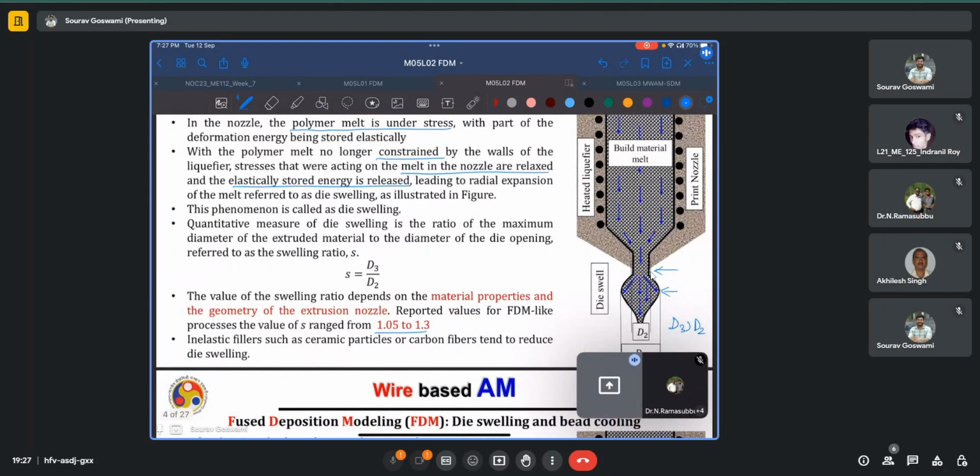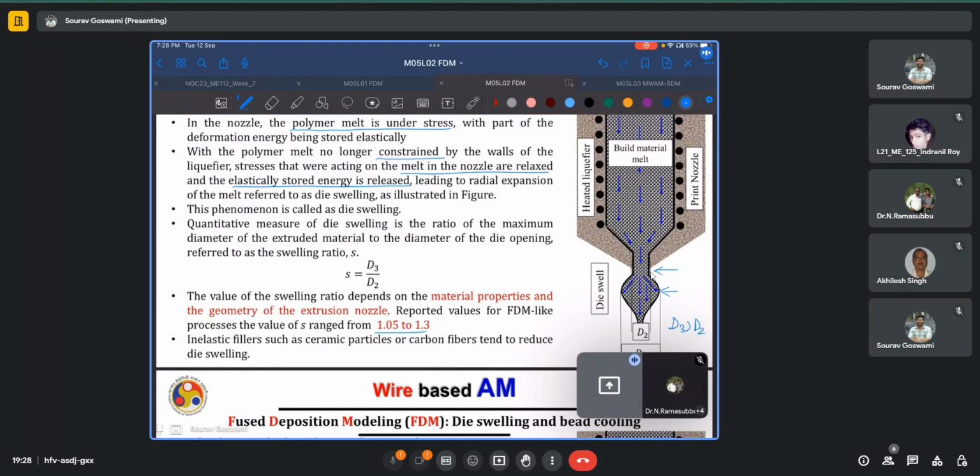Quantitatively, it is determined by the ratio D3 by D2. If it is greater than 1, of course, we can say that the bead has swelled after exiting the nozzle. If it is less than 1, we can say that the bead has shrunk after exiting the nozzle. And if it is equal to 1, which is rarely the case, there is no change in the cross section or in the diameter of the bead.